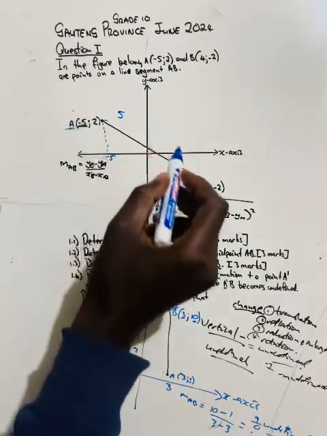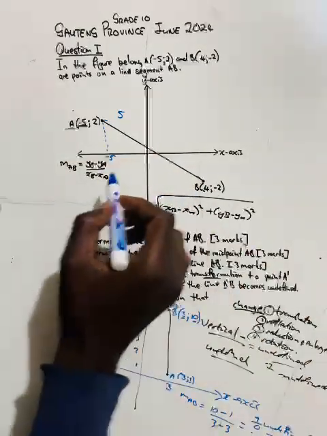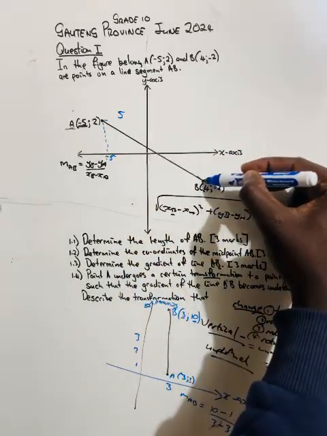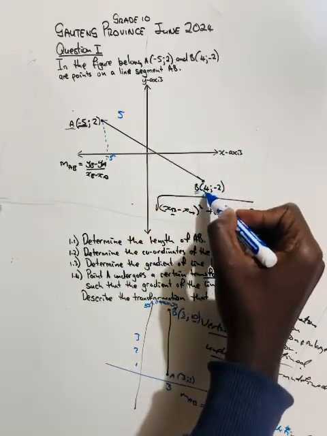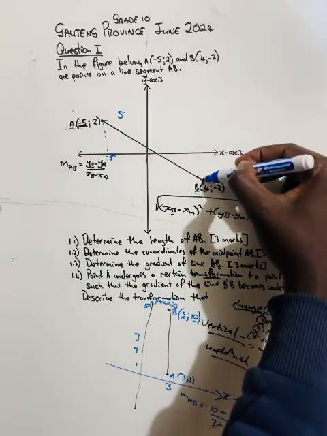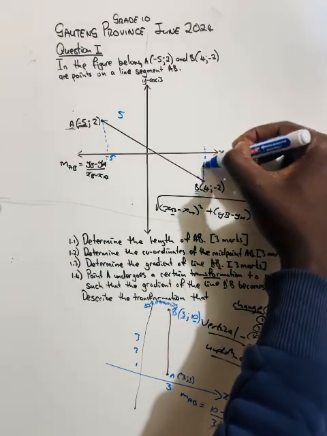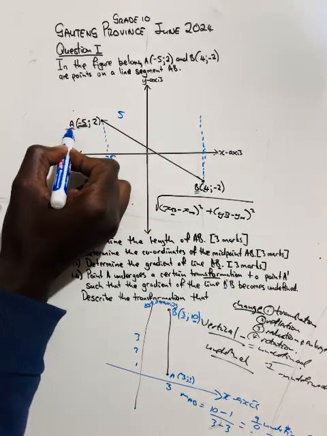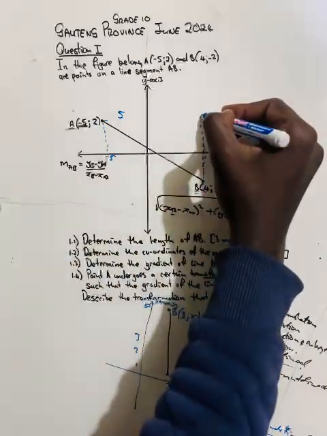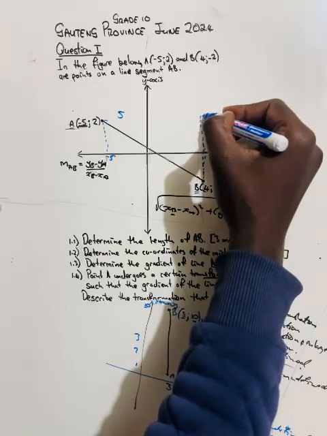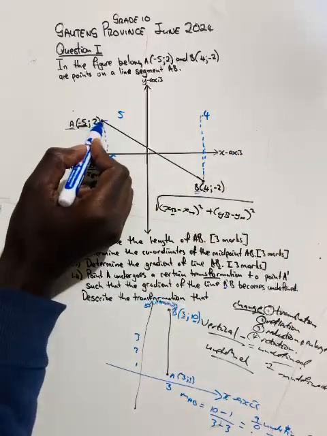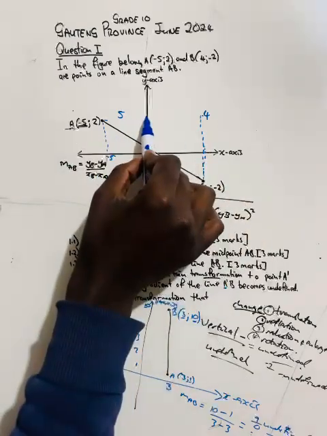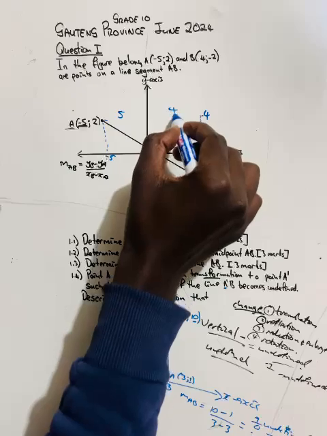Now I also need to count how many units to where this B is. My x at point B is 4. So I need to move my A from -5, and it should now become +4. From the negative side to the point of origin, I've got 5 units, and from the point of origin to where 4 is, there are 4 units.